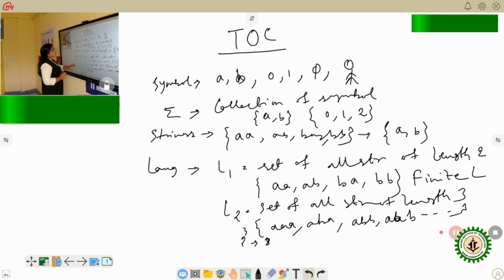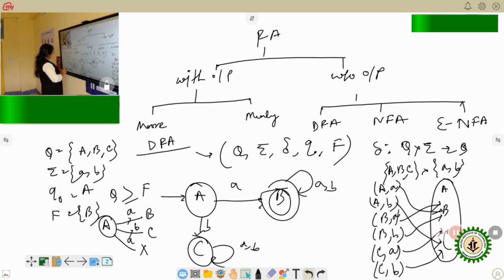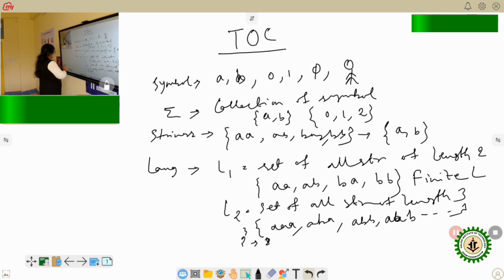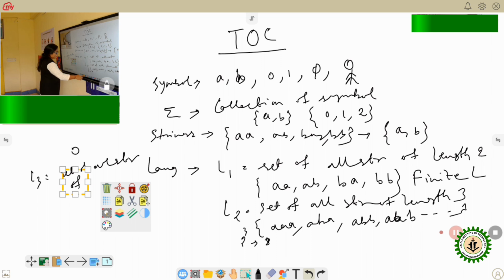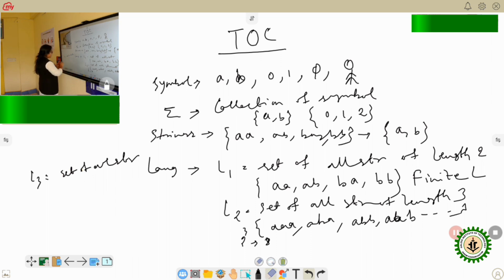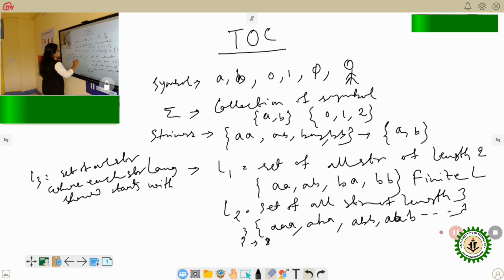But another one, if we see here, L3, the set of all strings where each string should start with A. Starts with A means it can be A, AB, AA, ABA, and so on.